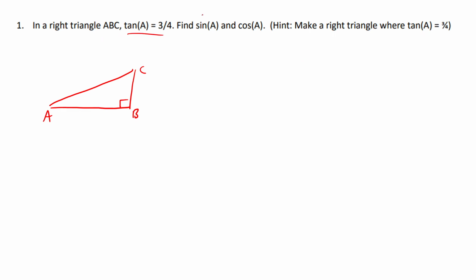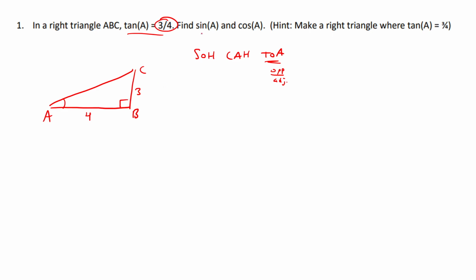So tangent, right? We know SOH CAH TOA. Tangent would be opposite over adjacent. So if angle A is right here, get the opposite. If it's going to be 3/4, that means opposite would be 3, and adjacent would be 4.